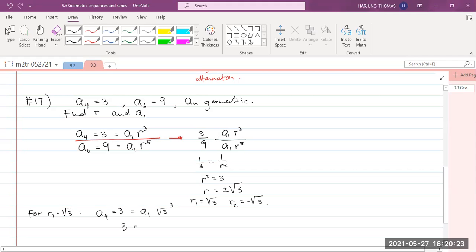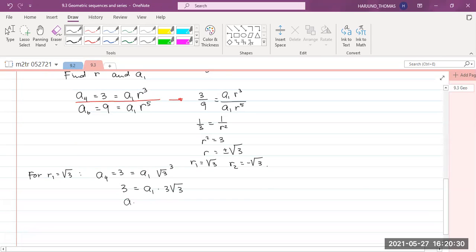This is 3 equals the first term times 3 radical 3. So the first term is 1 over radical 3, or radical 3 over 3. So the first term radical 3 over 3 with common ratio radical 3 will give us the fourth term equals 3 and the sixth term equals 9.